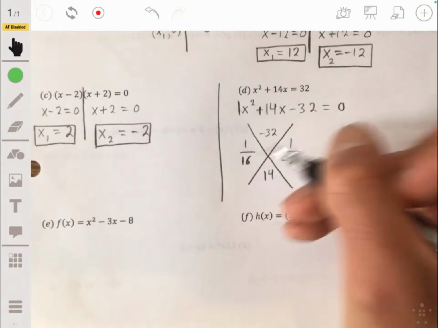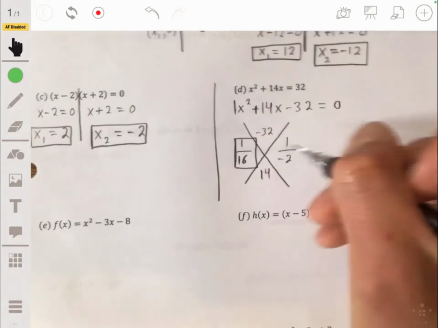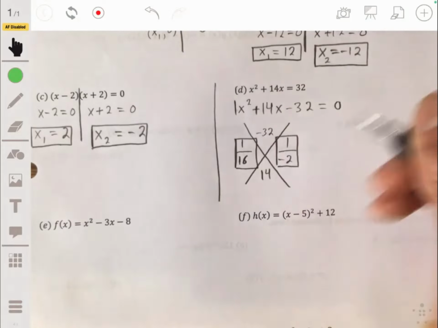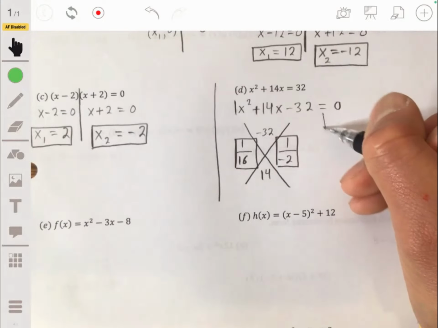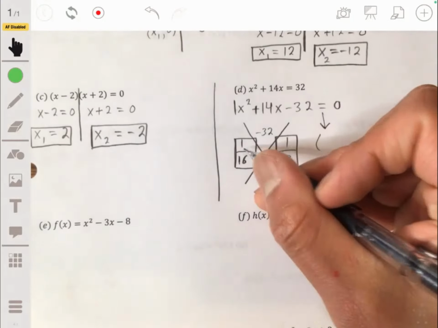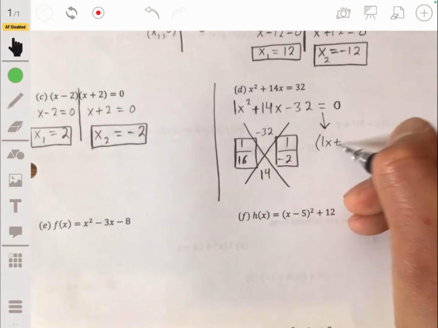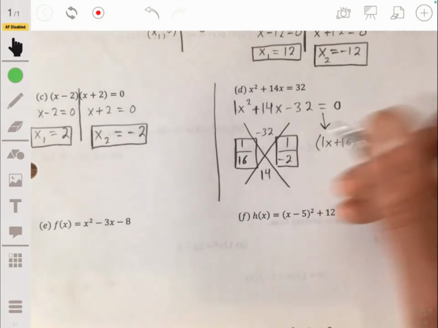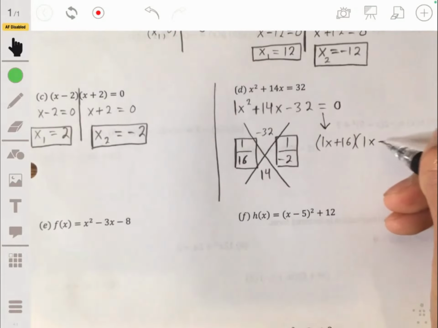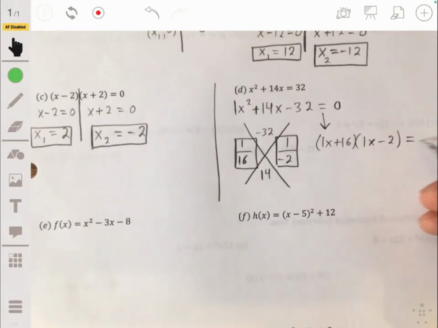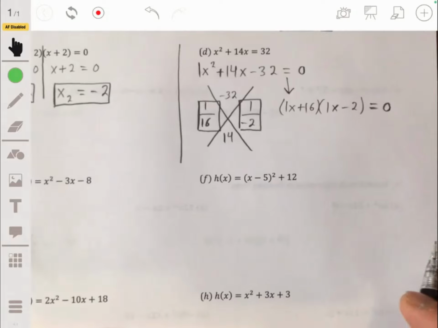Then we're going to use these four numbers in our factored form. So then this is the same as 1x plus 16 times 1x minus 2 equal to 0.